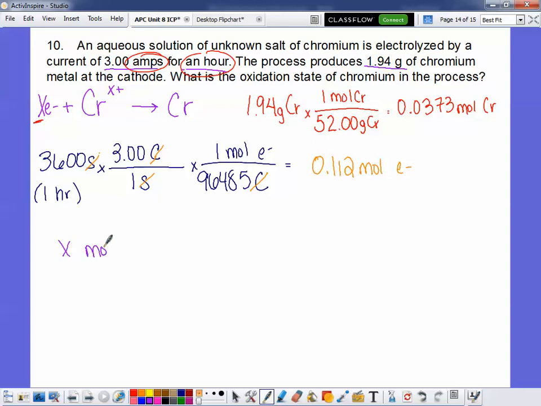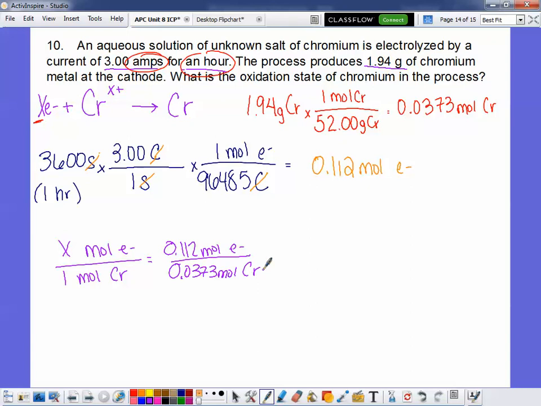So we can set up a little ratio. What does that equal? 0.0373. Same ratio, right?